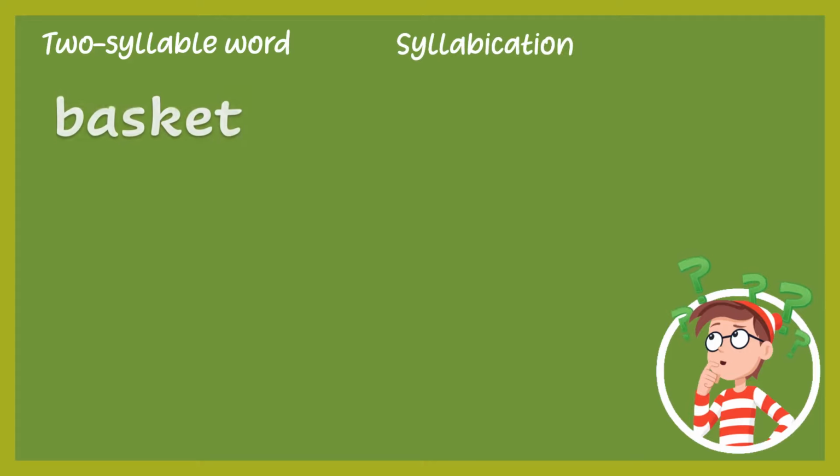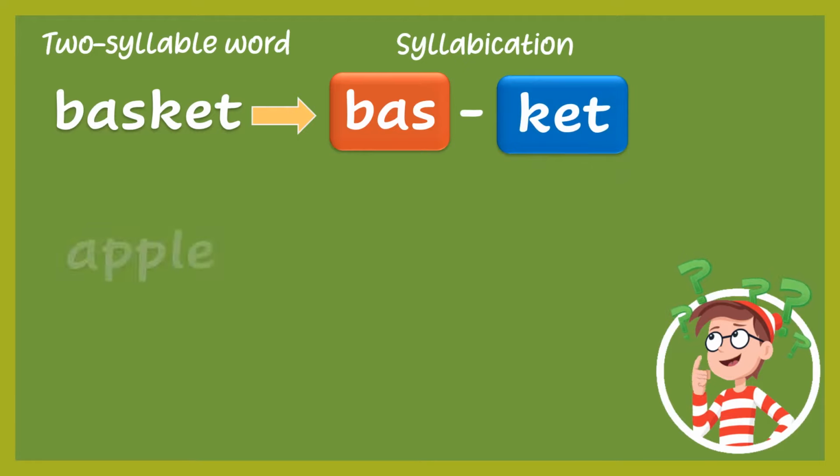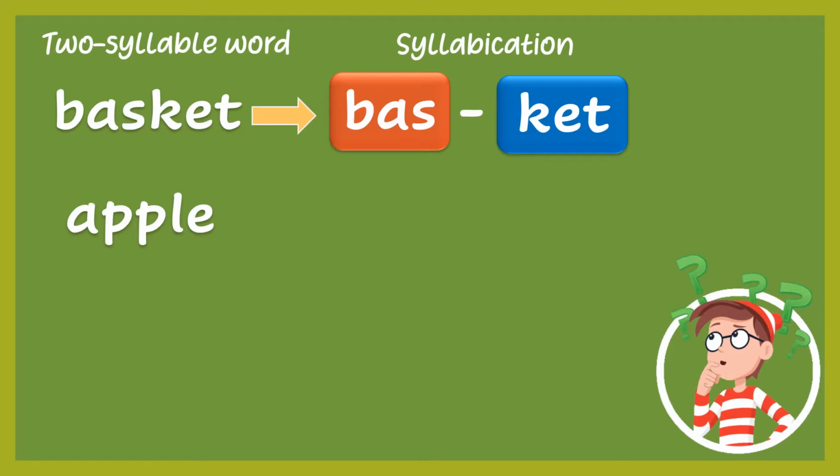First word is basket. It has two syllables. If we're going to syllabicate it, it goes like this. Bas, ket, basket. Next word is apple. It has two syllables.